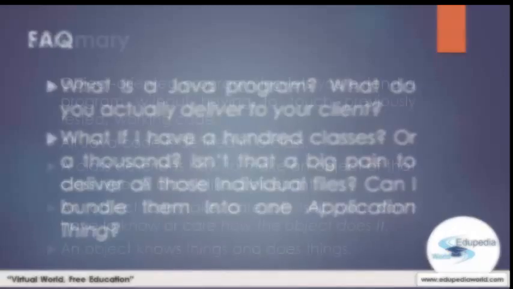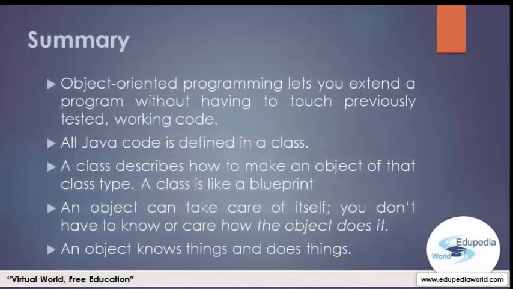Now, before winding up this episode, let's try to summarize what we have covered up to this point under the programming concepts and object orientation concepts. Object-oriented programming lets you extend a program without having to touch previously tested working code. Hope you can remember the difference between procedural programming and object-oriented programming.